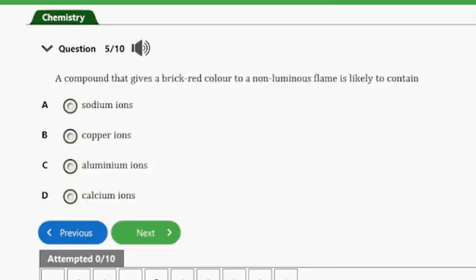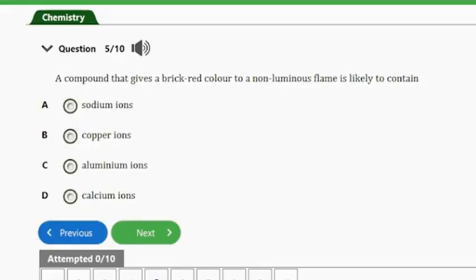Question number 5 here. It says, a compound that gives a brick red color to a non-luminous flame is likely to contain A. Sodium ions, B. Copper ions, C. Aluminum ions, D. Calcium ions. So guys, the answer to this question is option D here, calcium ions.